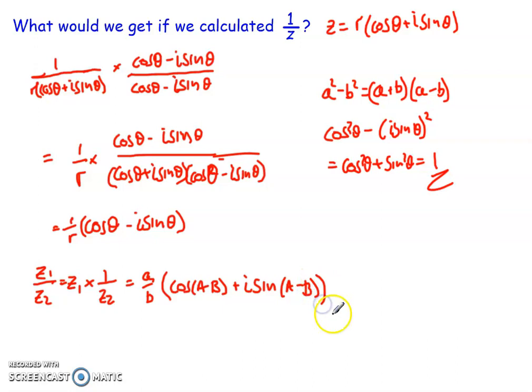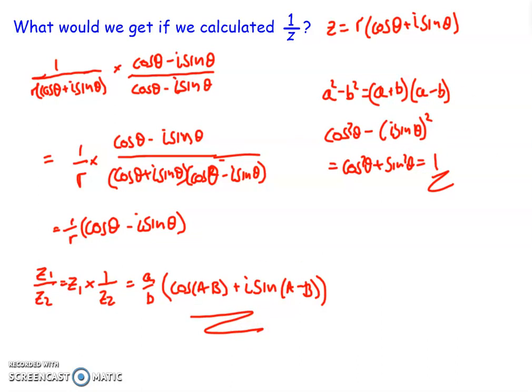So I'd be able to very quickly and efficiently get it to that format there. So again, a nice quick simple formula for us to be able to multiply two complex numbers together, but in this case when one of them is 1 over, i.e. essentially dividing two complex numbers.